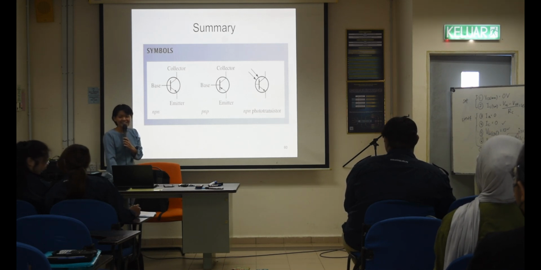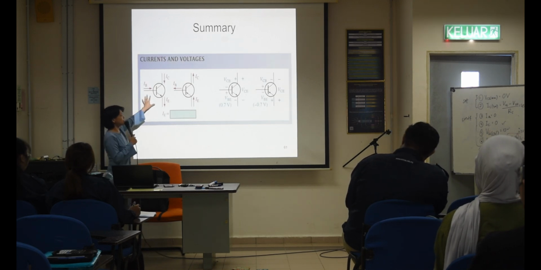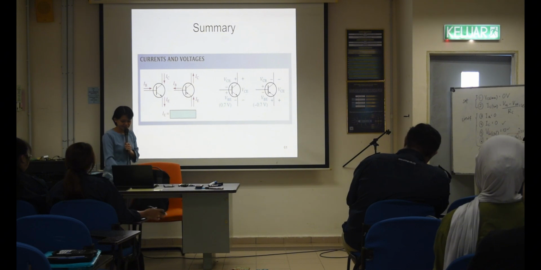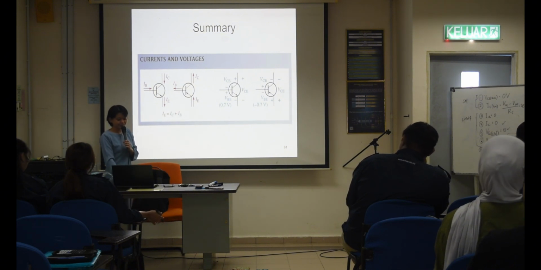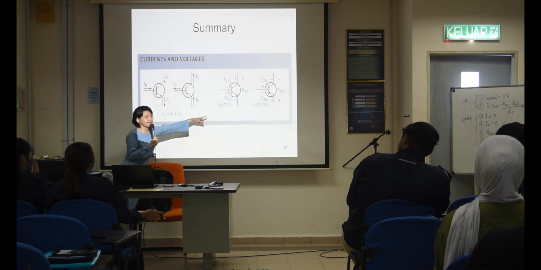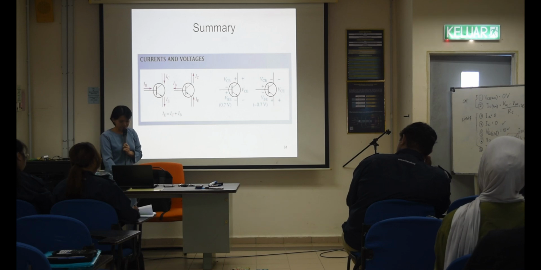Good. Next, what is your formula for emitter current? Good. If your VBE, you will get 0.7 for NPN. If PNP, you will get minus.